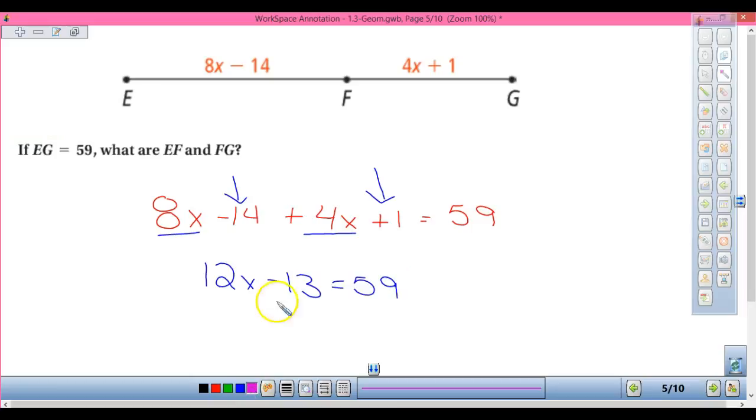Add 13 to both sides. Those cancel out. We get 12x equals 72. And our last step would be divide by 12.